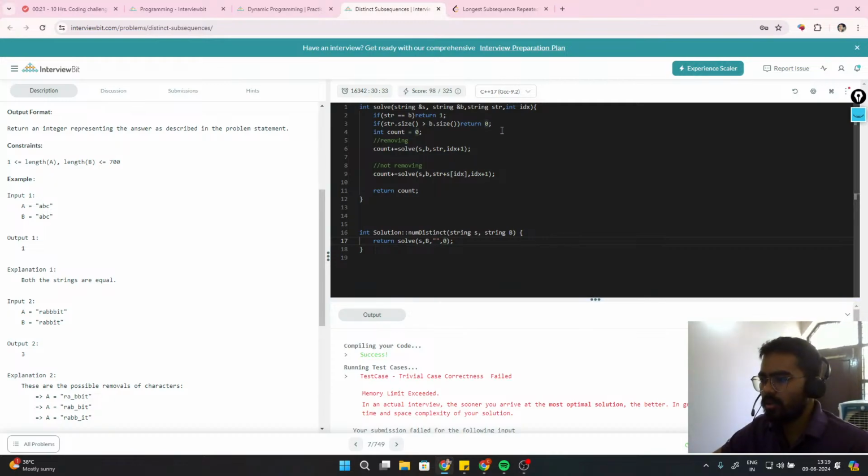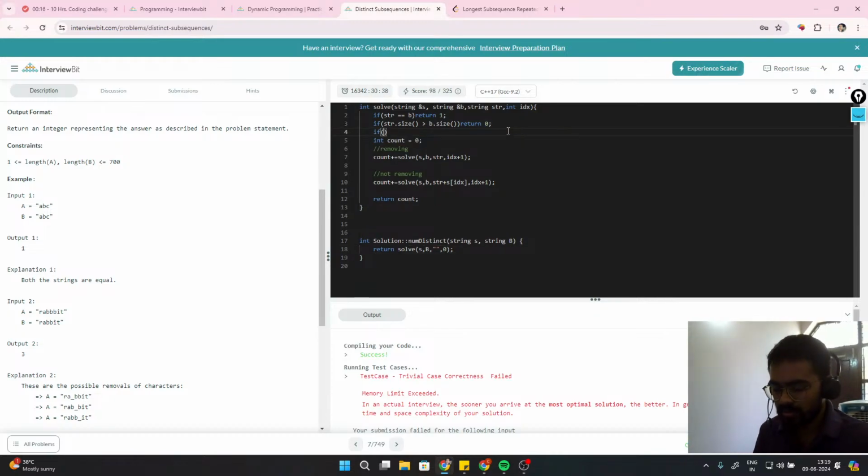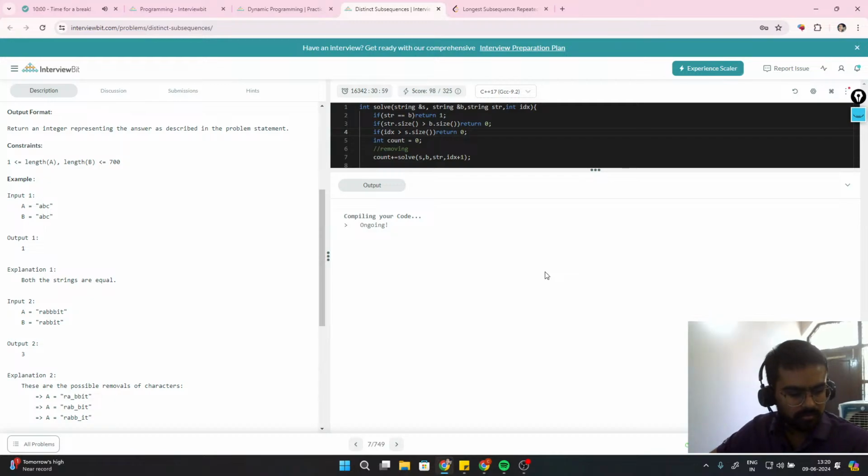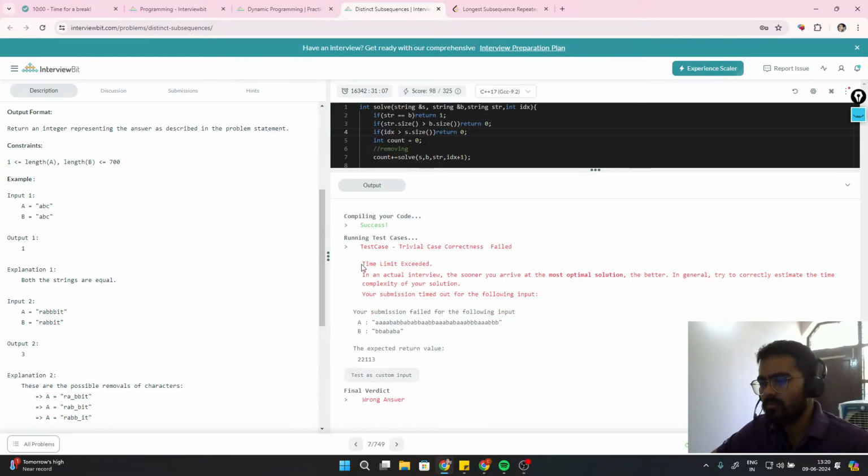This exceeded the memory limit. If IDX is greater than, this time it exceeded the time limit.